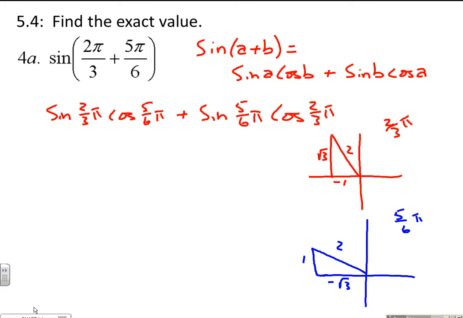So I need the sine of 2/3 pi. Sine from this angle right here is opposite root 3 on hypotenuse 2.